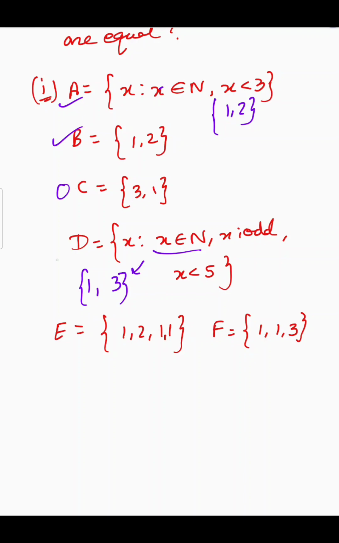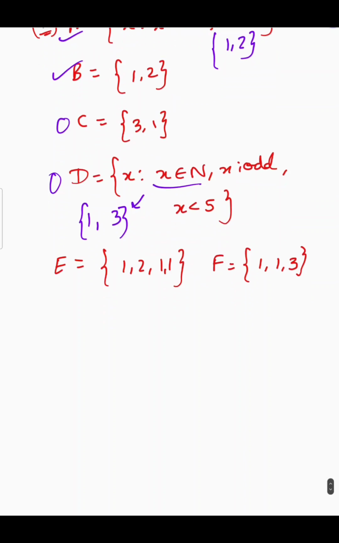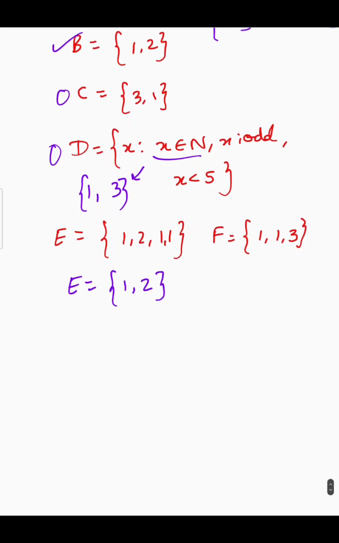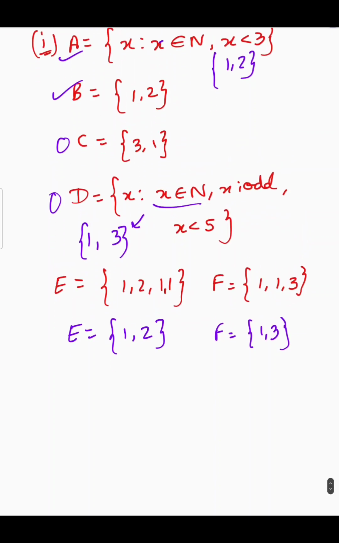So C and D are equal. Now let's see about E and F. Now E is actually {1, 2} and F is actually {1, 3}. So E is equal to A and B, and C and D are actually equal to F.